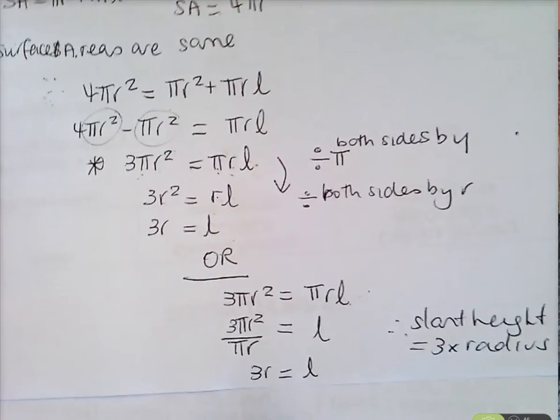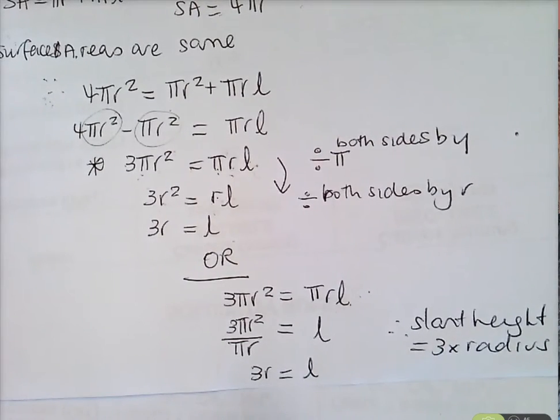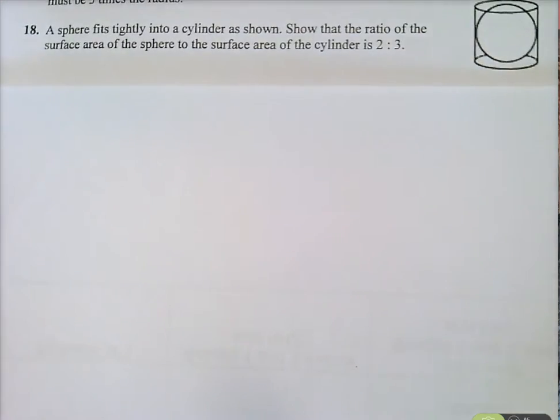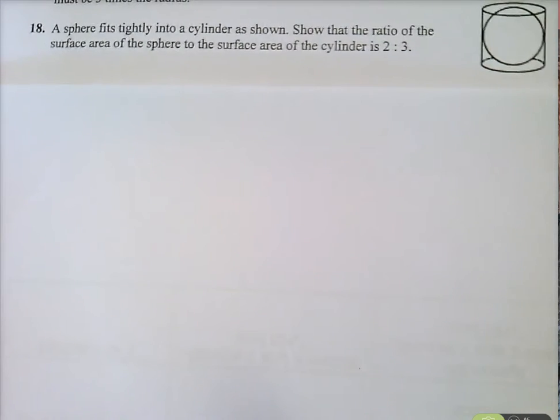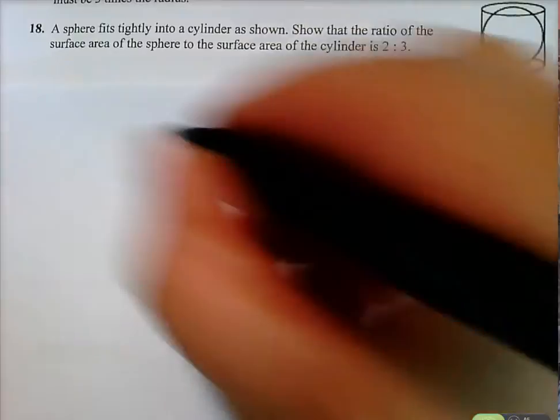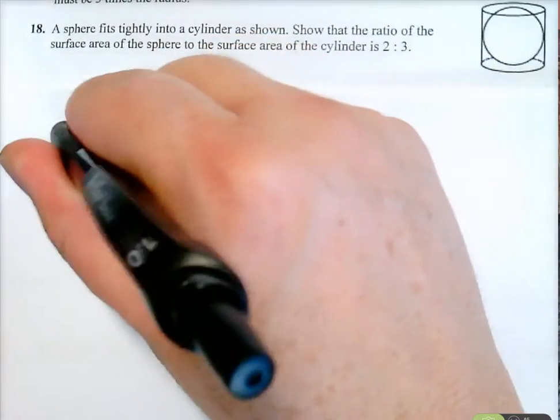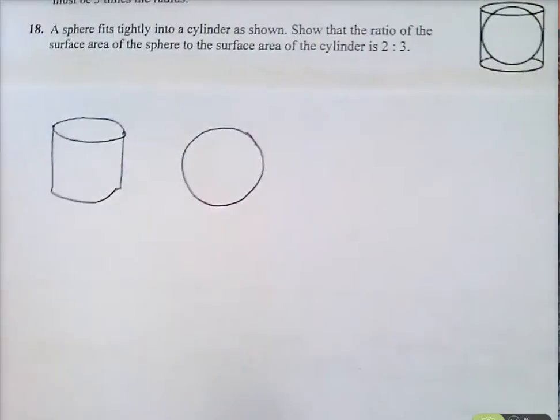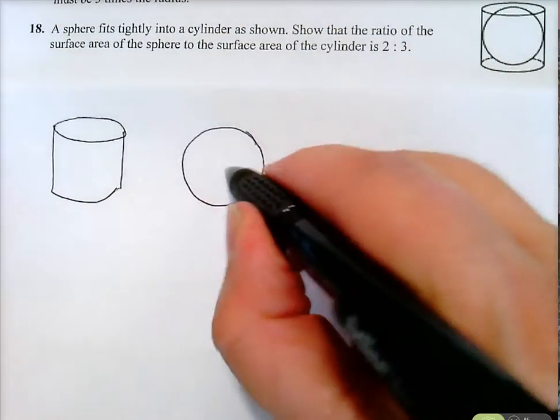Question. What's the question? A sphere fits tightly into a cylinder as shown. Show that the ratio, so I'm going to draw the cylinder and the sphere separately because there's something special about it.